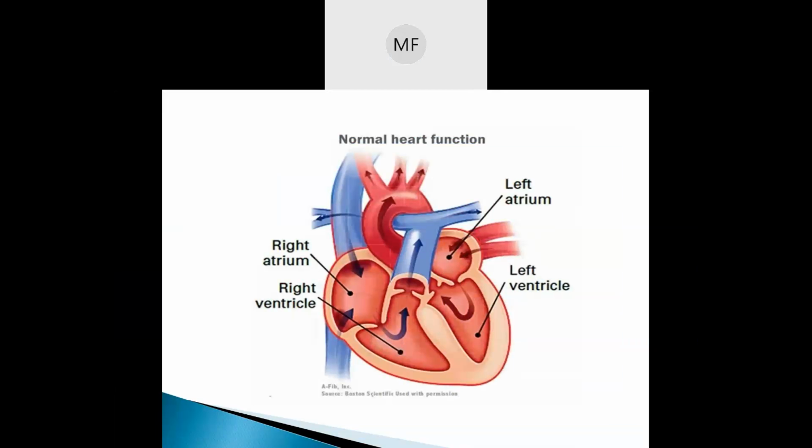The blood is then pumped from the left ventricle through the aortic valve back into the aorta. The left atrium pumps blood to the left ventricle, and it pumps to the aorta to repeat the whole cycle again.